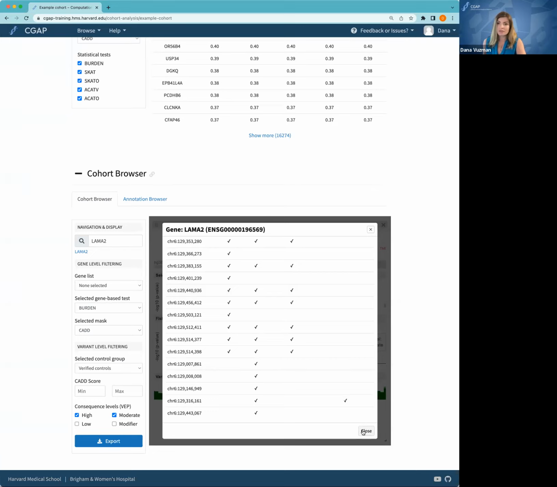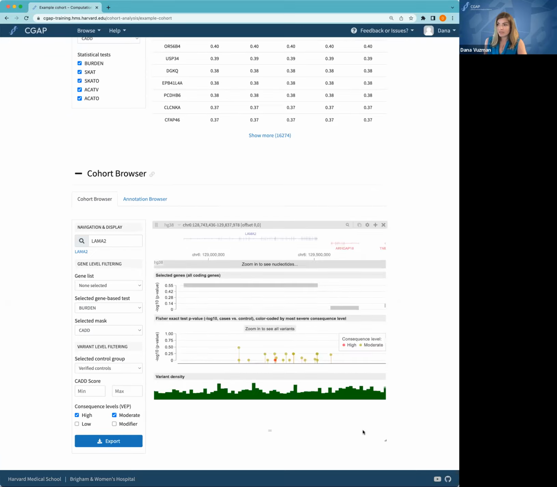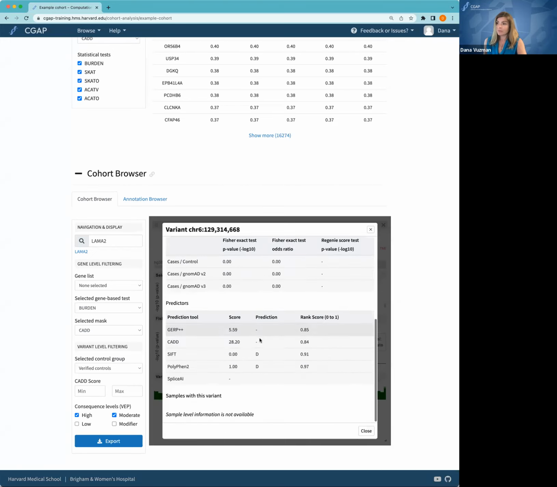In this case, since it's training data that's available for everyone, the sample level information will not be available, and therefore, also when we go to the variant, we will see that sample level information is not available, and therefore we cannot go back to the sample and check all the information that we would like about the sample.